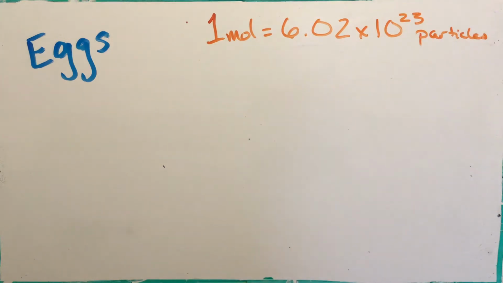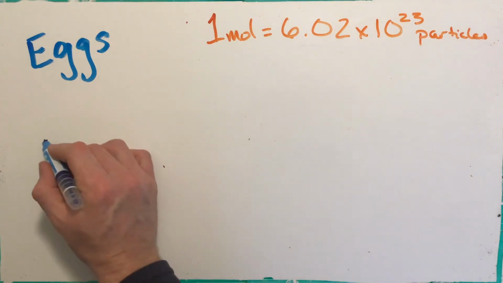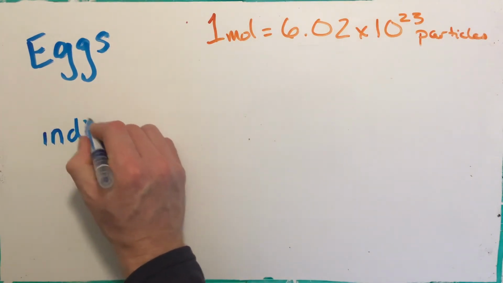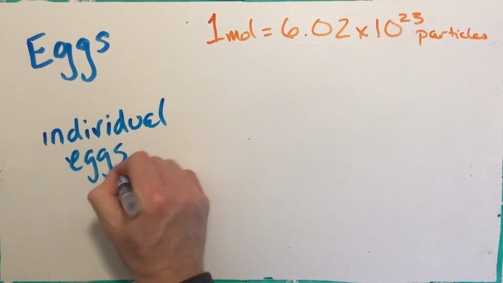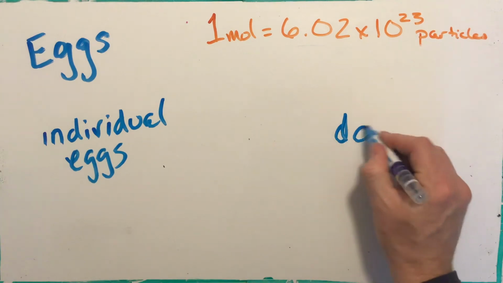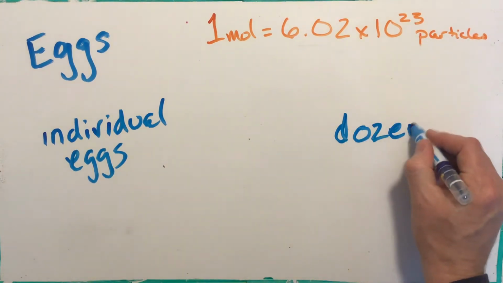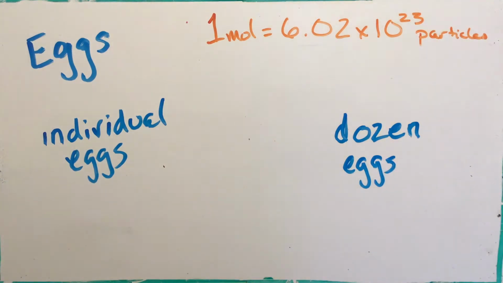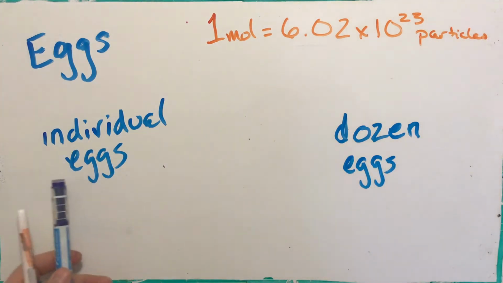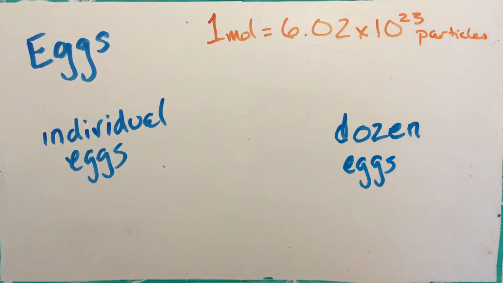There are 2 ways of looking at eggs: you can look at individual eggs, or we could look at dozens. We can buy individual eggs, or you can buy eggs by the dozen.